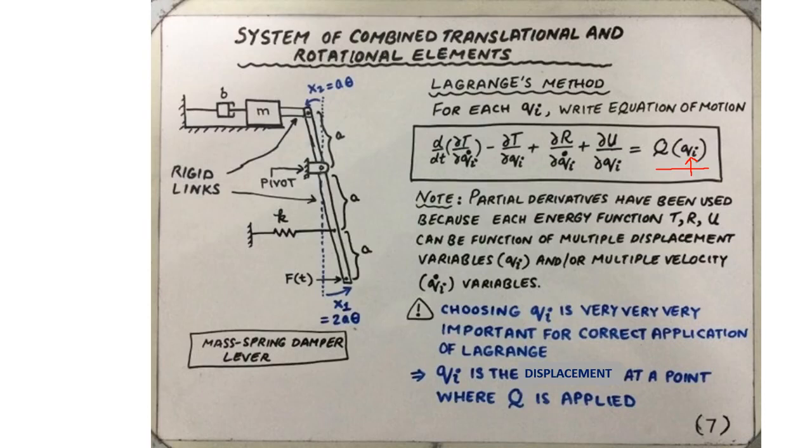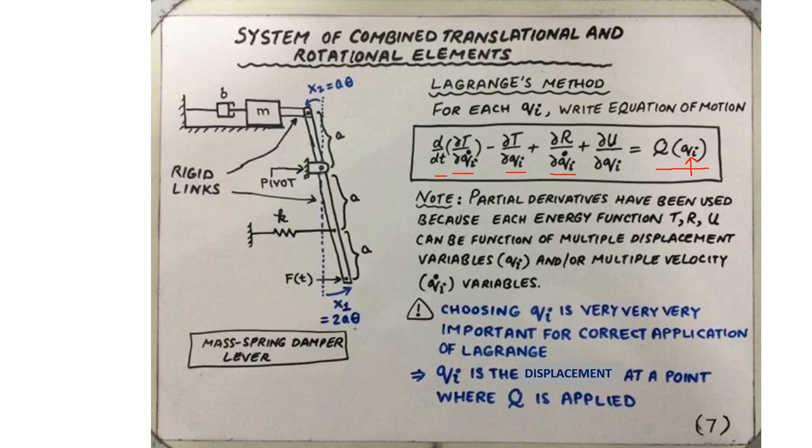On the left hand side, the expression is rather involved. It involves some partial derivatives, as you see here, and some time derivatives. So the expression can be read as follows.